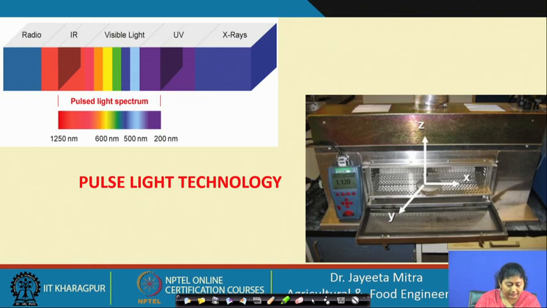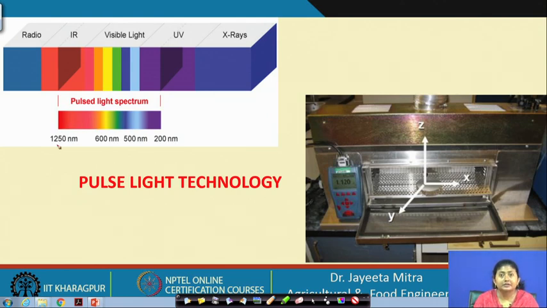We can see that pulse light can be considered from 200 nanometer to almost 1200 or 1250 nanometer. This is the range, and it includes the UV from 200 to 400, then 400 to 700 the visible light spectrum, and the infrared spectrum.